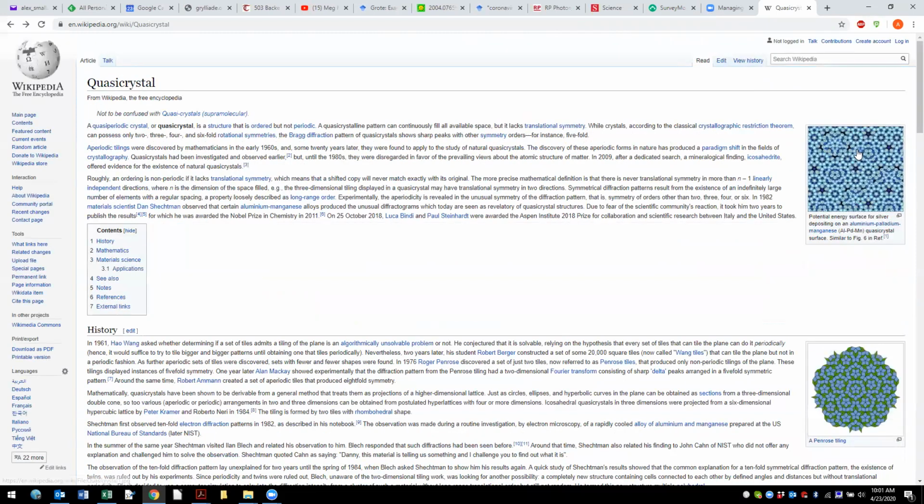A quasicrystal is something that's definitely repeating. If we look at this, we see repetition, but it's not periodic, because if I go from here to here, I get repetition, and then I don't. You can see the center of a ring here and the center of a ring here, and a similar structure there, but it never quite repeats.